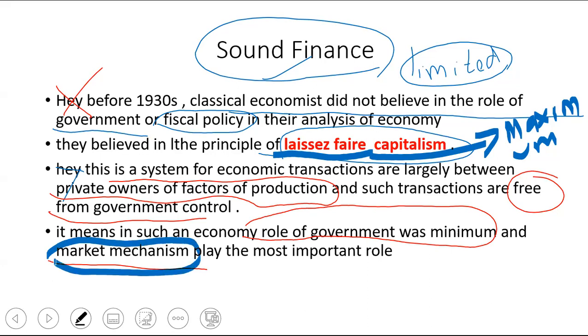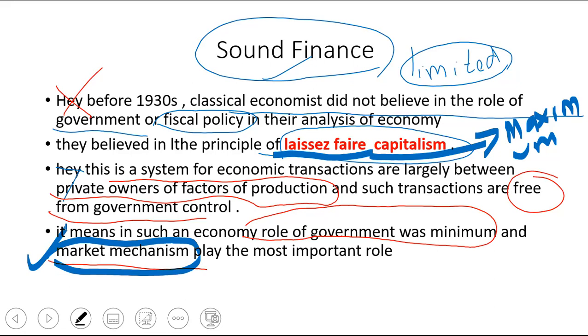In sound finance, who is controlling the market? Market mechanism is controlling the market.